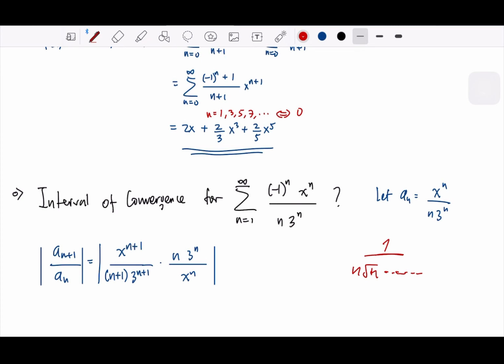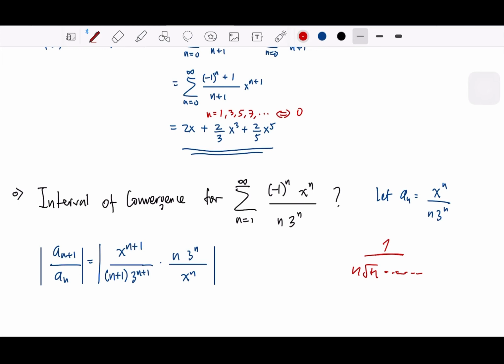I think to be safe, just use limit comparison. For most cases, you can compare it to some series that is easy to determine, and then compare between those two. Or if not comparison, check divergence.